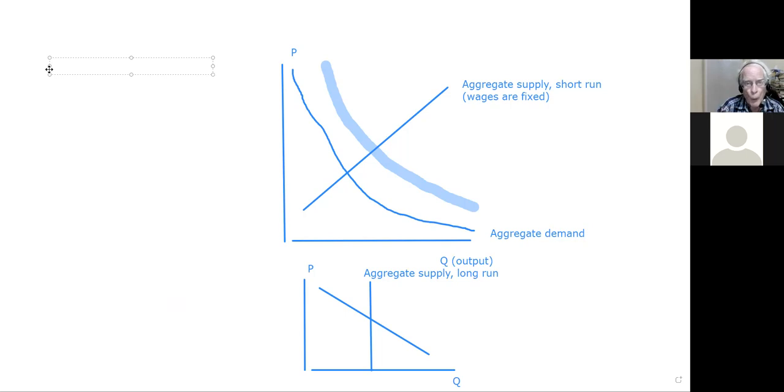And what do we know about production? That is, aggregate supply depends in the long run on real factors, physical factors.